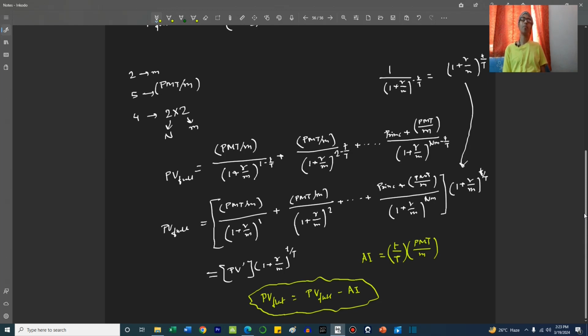Now let us do an example based on this, guys. Let's say a bond has a periodicity of quarters, right? Quarterly coupon payment. Annualized coupon rate is 8%.